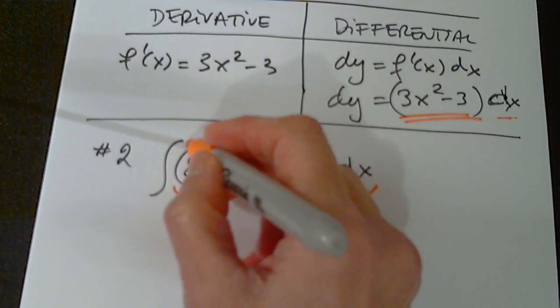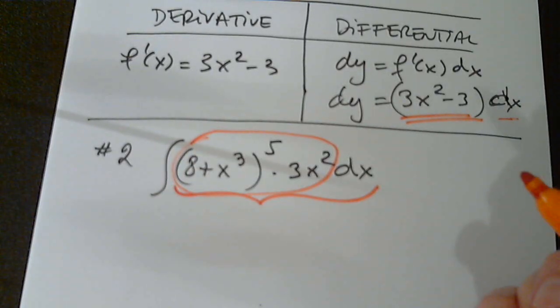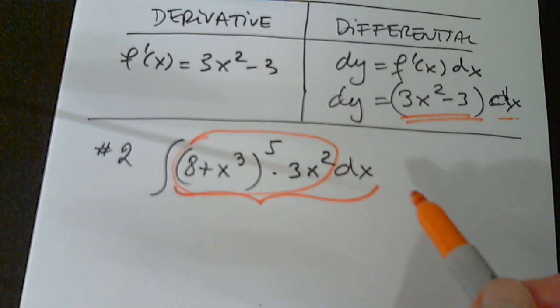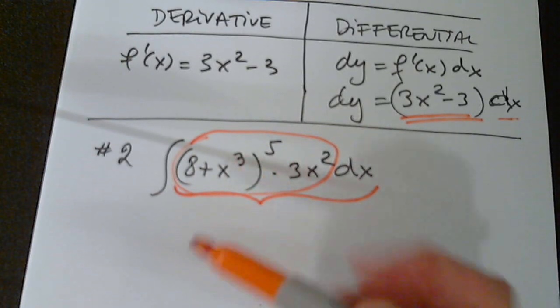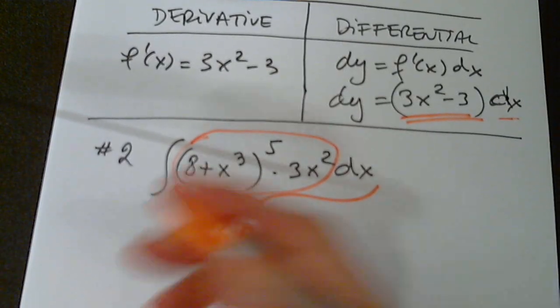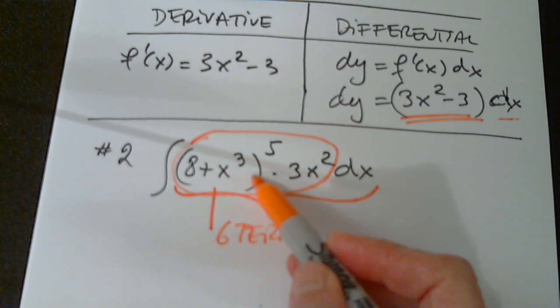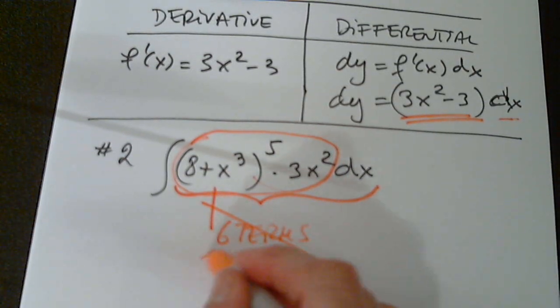The function that we're looking at is complicated. It's a binomial raised to the 5th power. So this alone will have 6 terms if I decide to expand it, and then distribute 3x squared to those 6 terms. No, we're not going to do that.